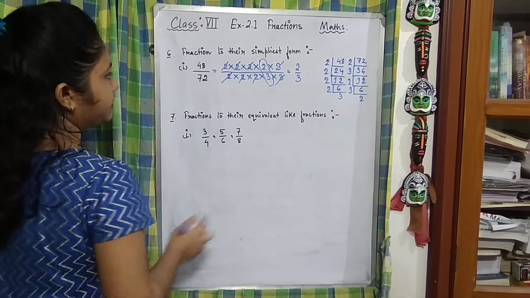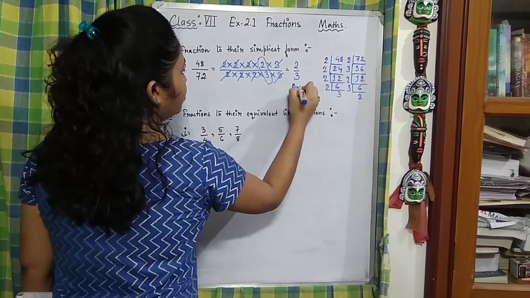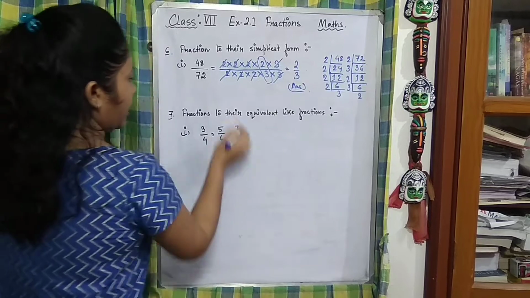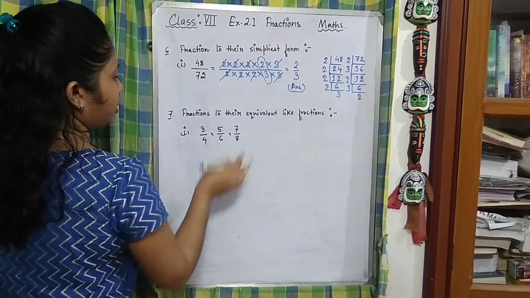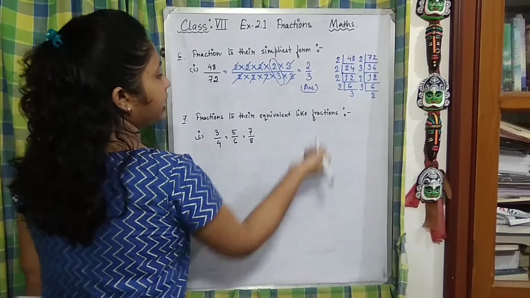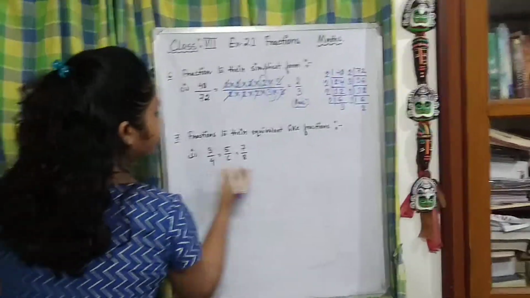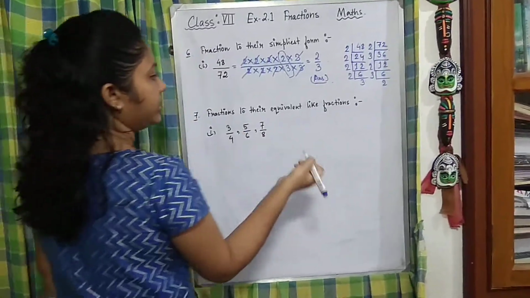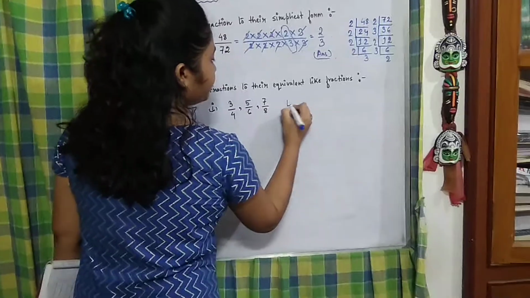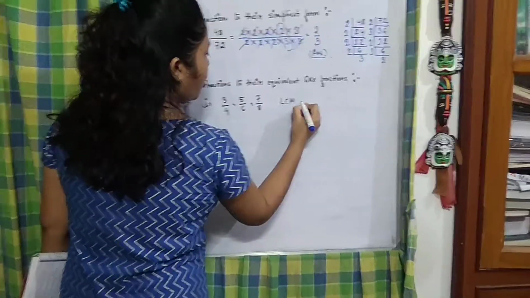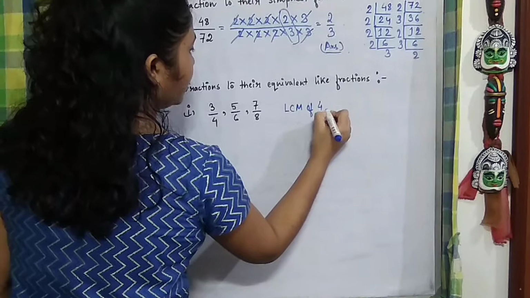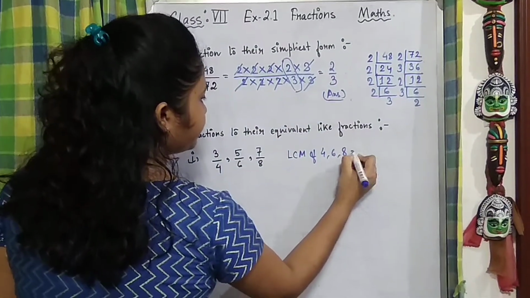Now after that, let's talk about how we convert all these three fractions into their equivalent like fractions. For that reason, first we have to find out their LCM. So what is the LCM of 4, 6 and 8?